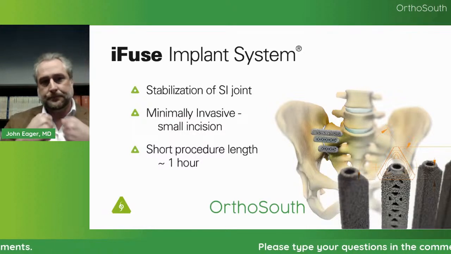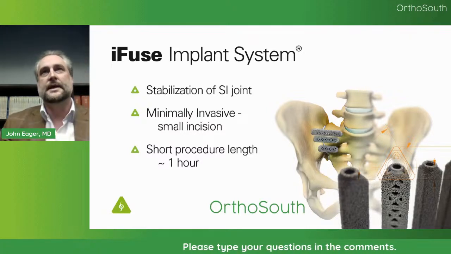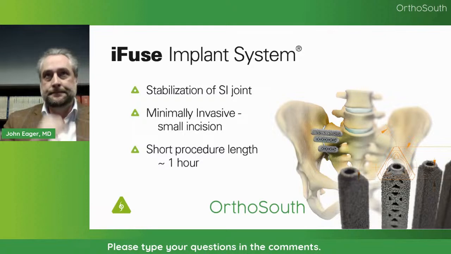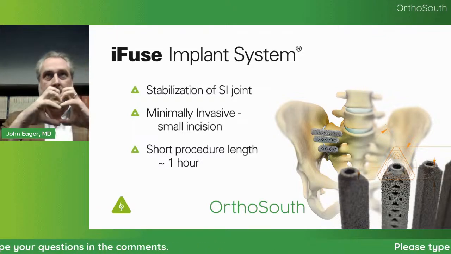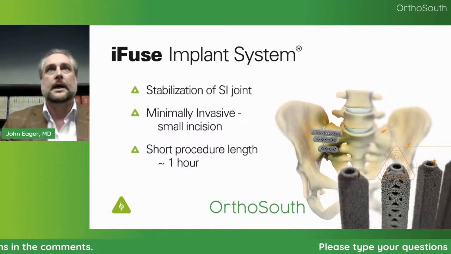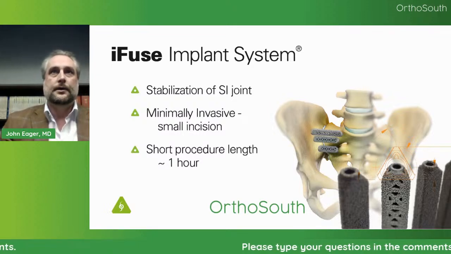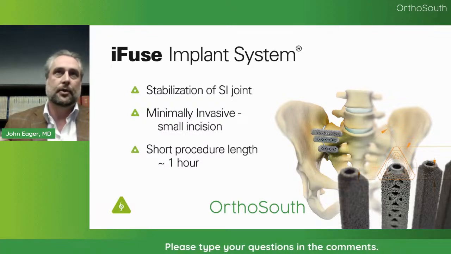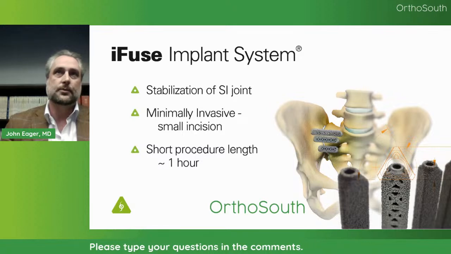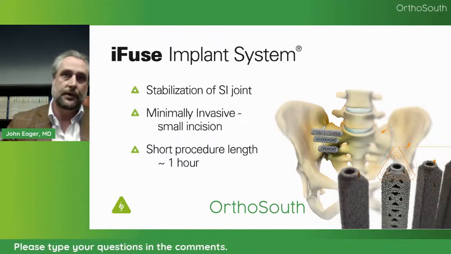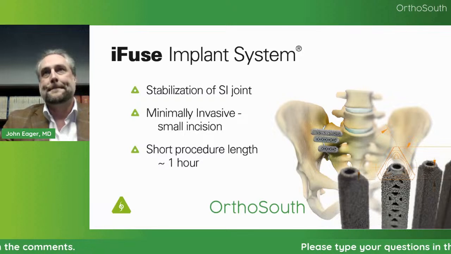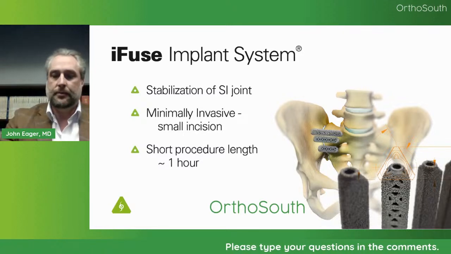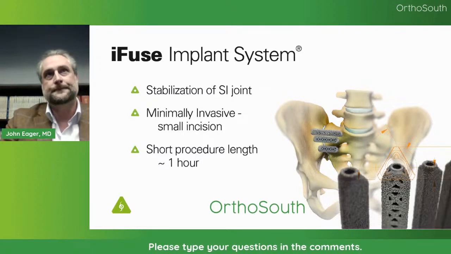Their triangular shape prevents minor rotation of the SI joint. We go through the cartilaginous surface at the sacrum and ilium to denude it. During the process of broaching these implants across, we are harvesting bone. You can see the fenestrations in the bottom right of these implants to allow bony ingrowth. And again, their porous structure helps facilitate that as well.